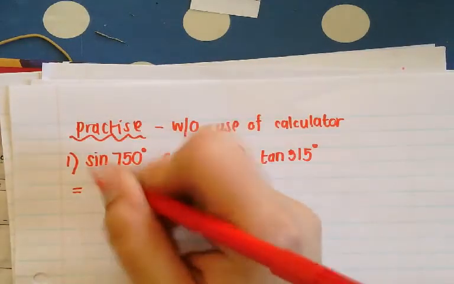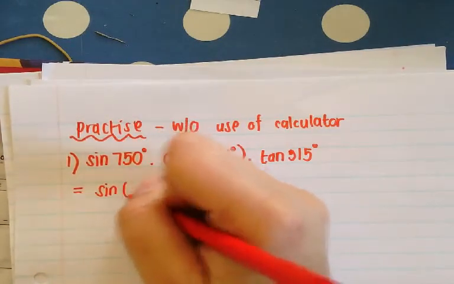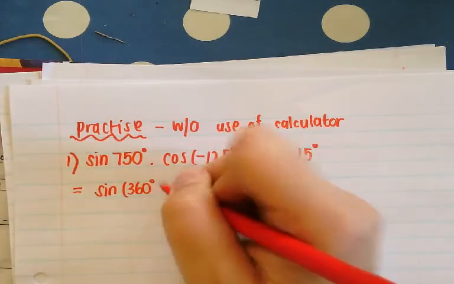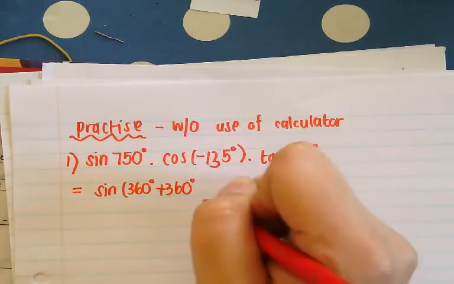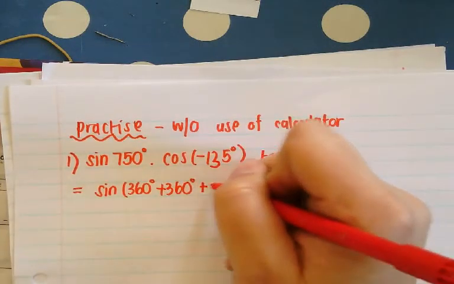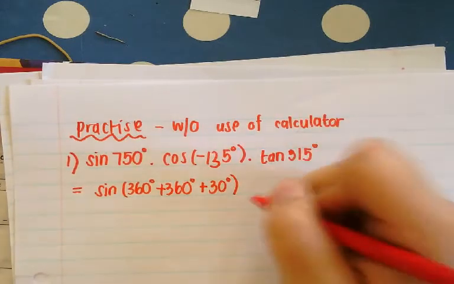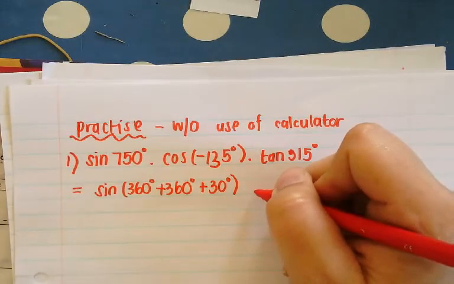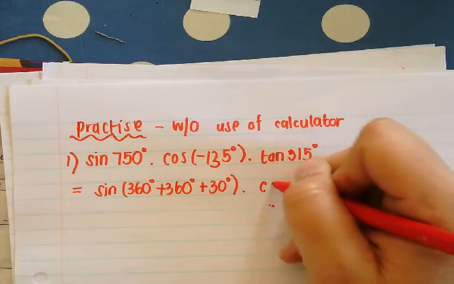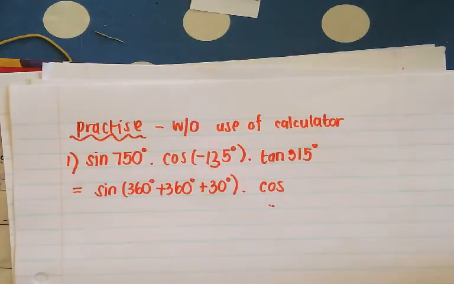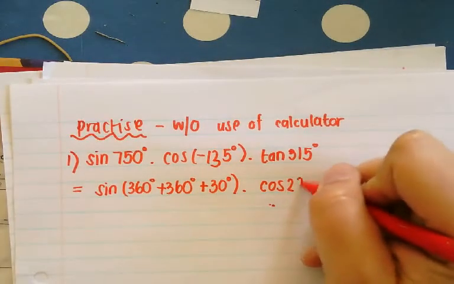So sine 750 was 360, or 720, plus 30, but we'll just separate it. So we went once around, we went around again, and we needed the extra 30 degrees. Cos negative 135, I am going to go with my cos positive angle, which is 225.